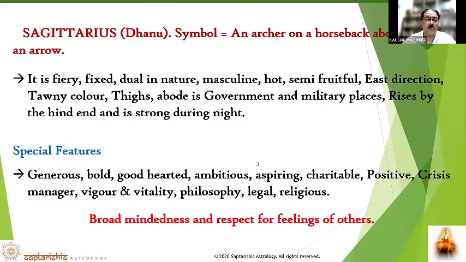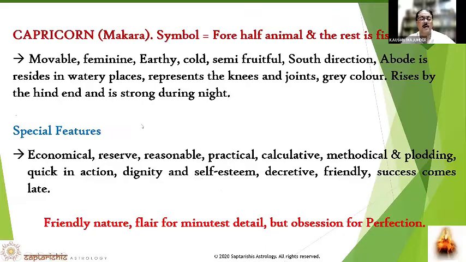Now let us go to Capricorn. Capricorn is Makar, the symbol is half animal and the rest is fish. So it is a twin symbol, the half is of animal, the rest is fish in water. It is a movable, feminine sign, earthy sign, cold sign, semi-fruitful sign, south direction.